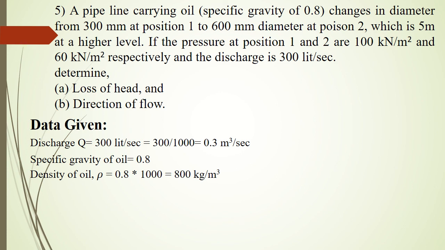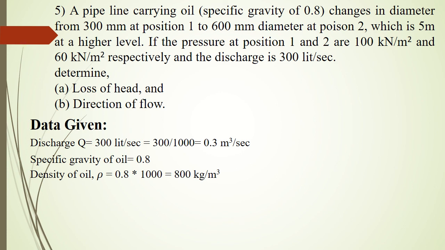So section 2 is 5 meter higher than section 1, which indirectly gives Z2 minus Z1 equal to 5 meter. P1 and P2 are both given: P1 is 100 kilonewton per meter square and P2 is 60 kilonewton per meter square respectively.